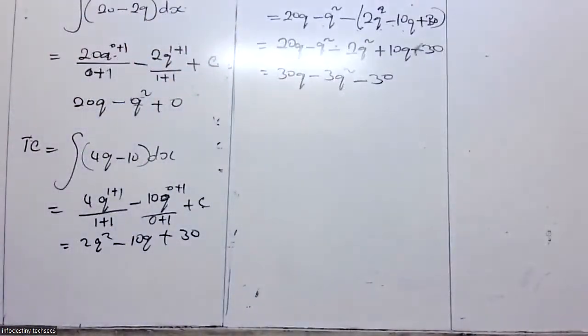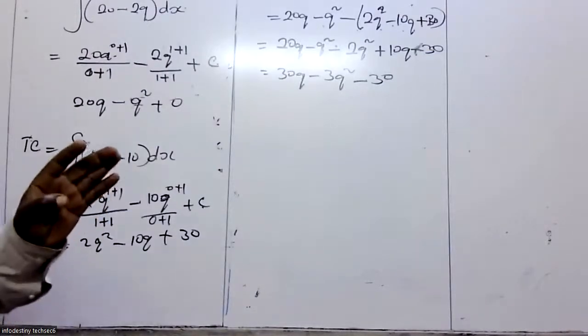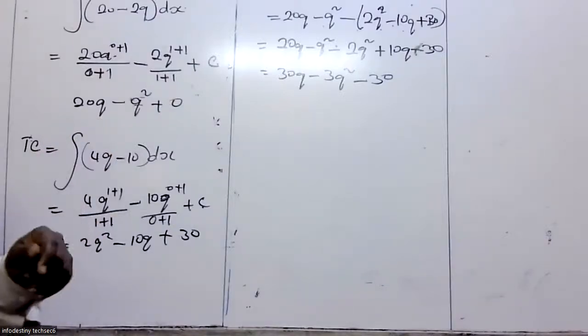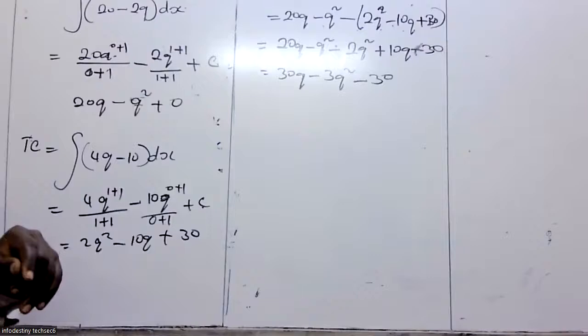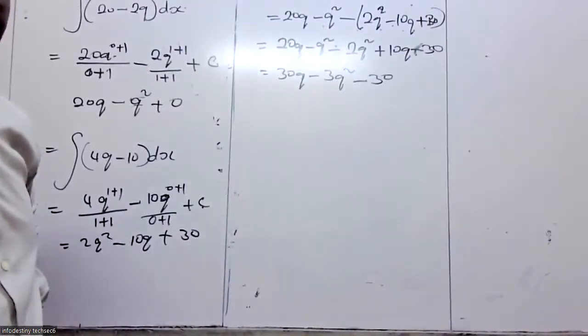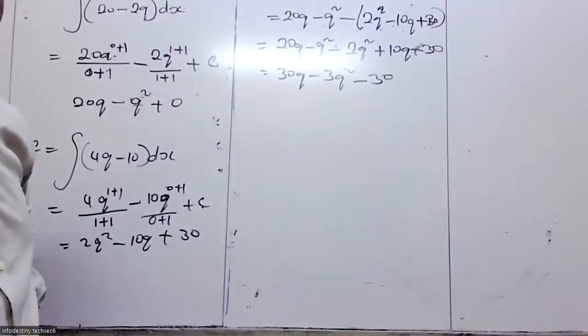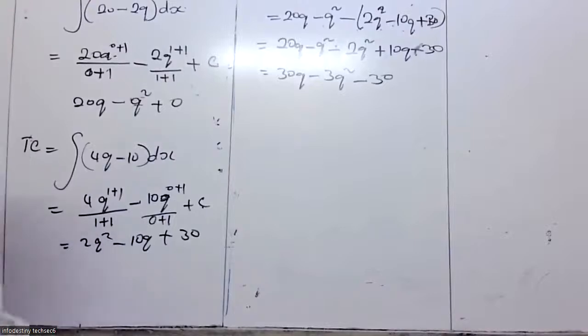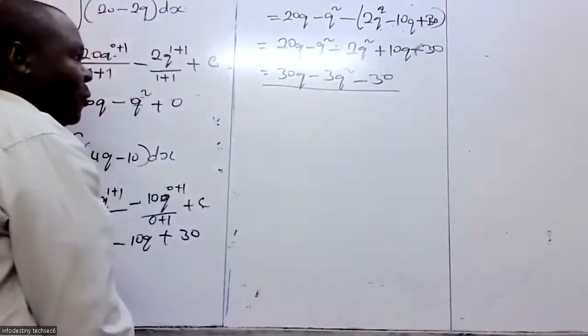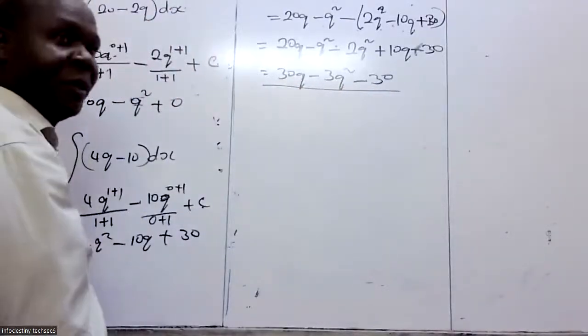After that, the next one: they want you to get the profit maximization, that is the price and the maximum profit. Now let's get the quantity to produce. We get this by differentiating the profit.